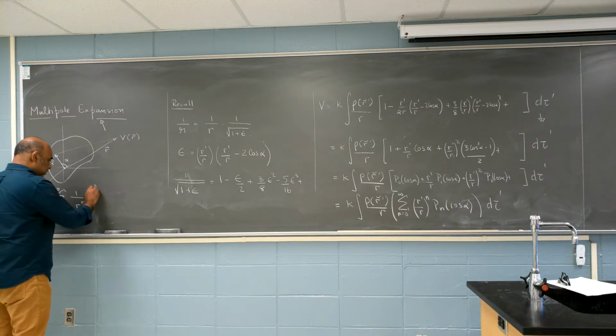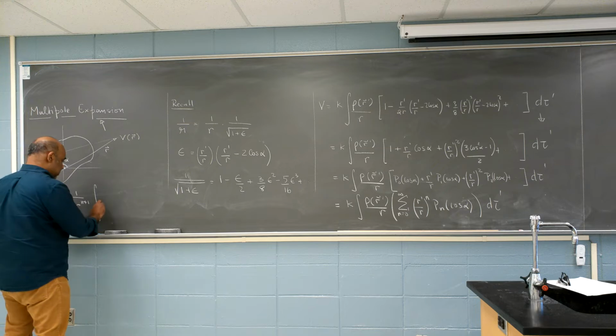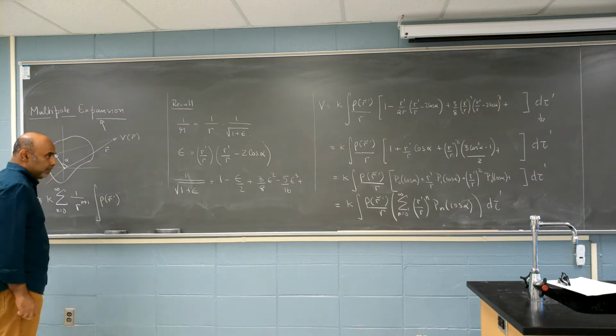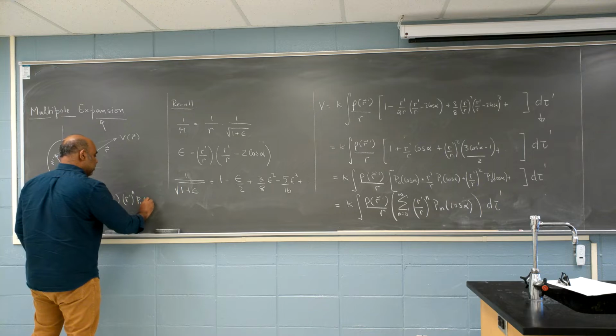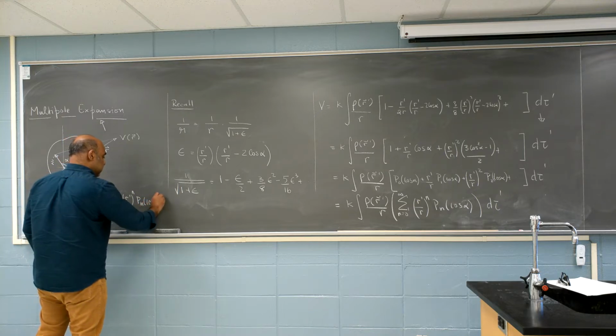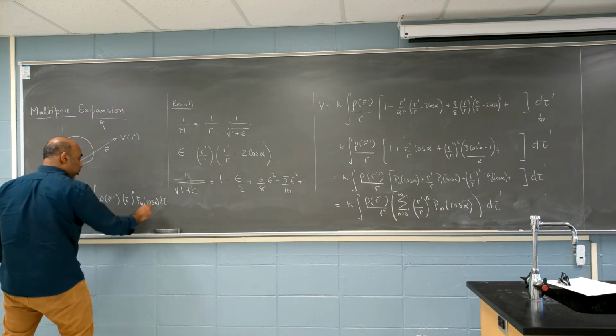Now comes the integral. Rho of r prime to the n, P n of cosine alpha, d tau prime.